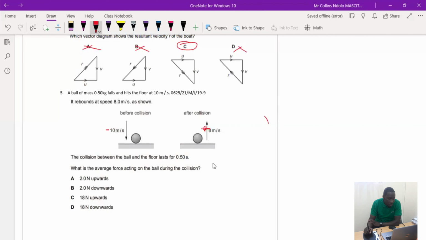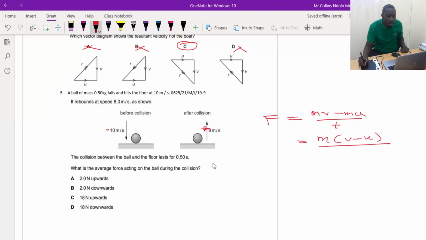Force is given by change in momentum, that is mv minus mu divided by time. So I just want to use m times (v minus u) over t. m is 0.5.